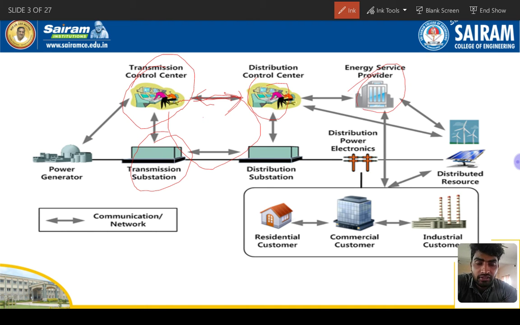Here there is an energy service provider. They provide energy service to the customer or to the power plants. Here there are two energy sources. I gave an example in the previous video. In our college we have solar and, in the future, wind power plants.